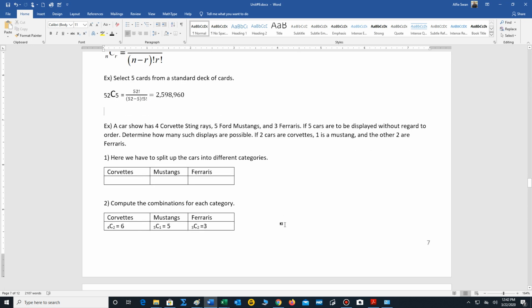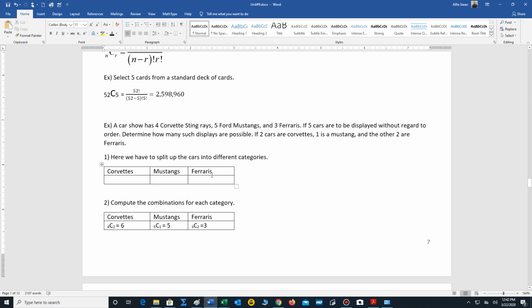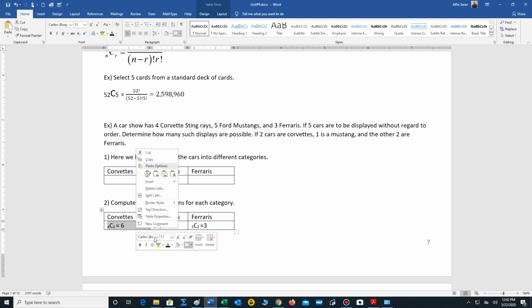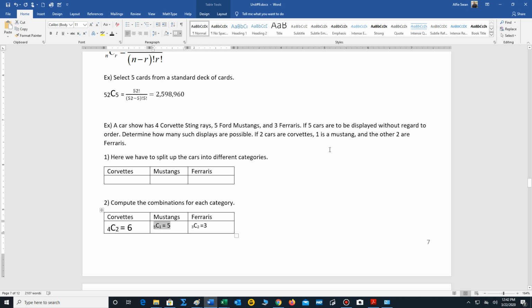The first step is we have to divide up our group into categories: Corvettes, Mustangs, Ferraris. For Corvettes, remember there's 4 Corvettes in total, and we're only going to select 2 of them. So 4C2 is equal to 6. For the Mustangs, we're selecting 1 Mustang, and in total we have 5 Mustangs to choose from.